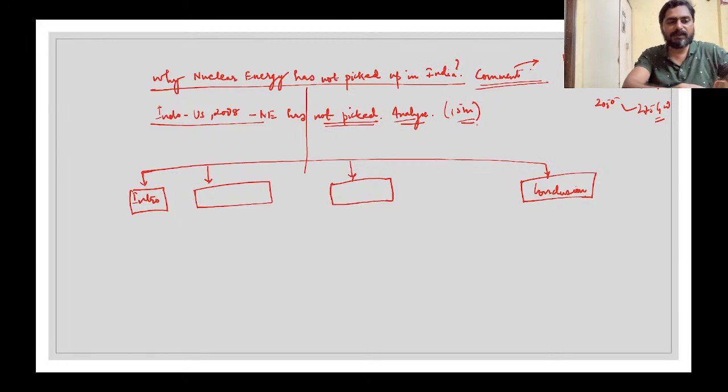But at present, the production is just 6.7 gigawatt only. So why is India lagging?